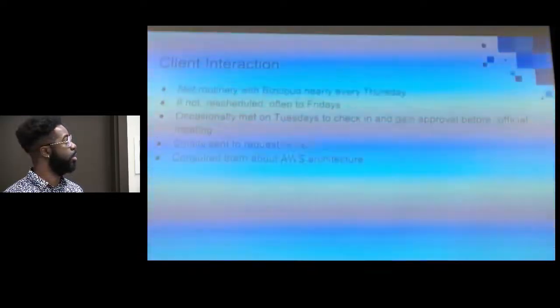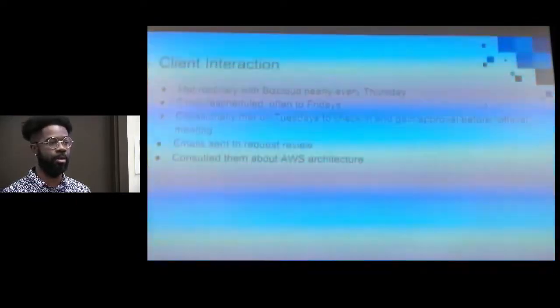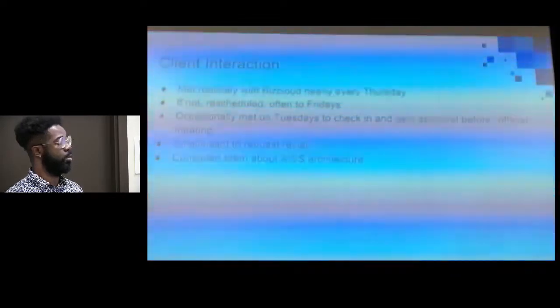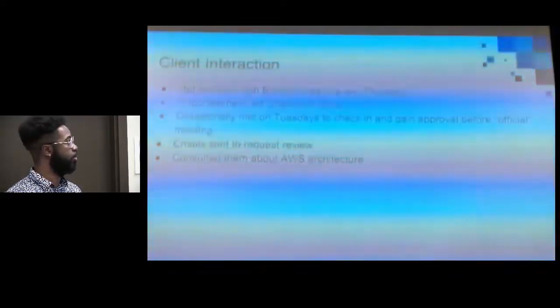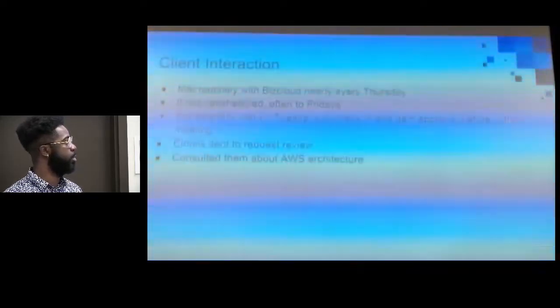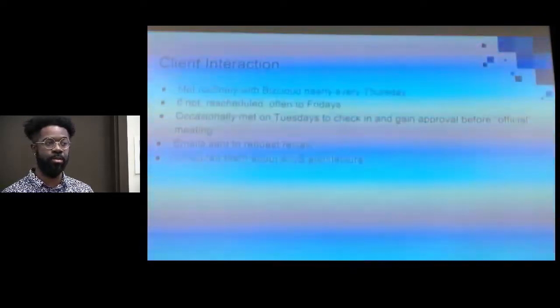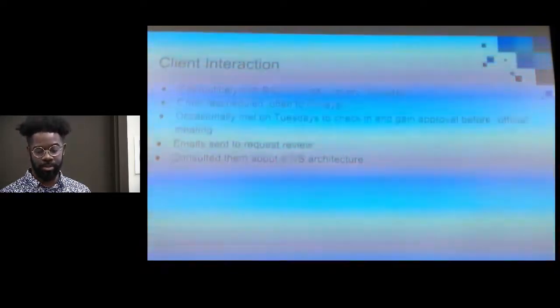So to get that done, we would start meeting on Tuesdays and get some feedback on different documents that we sent in. We would send documents via email and then send a second follow-up email to request them to be reviewed, right before our meetings. And we also consulted with the team via Slack to get some clarity on the different AWS architecture issues.